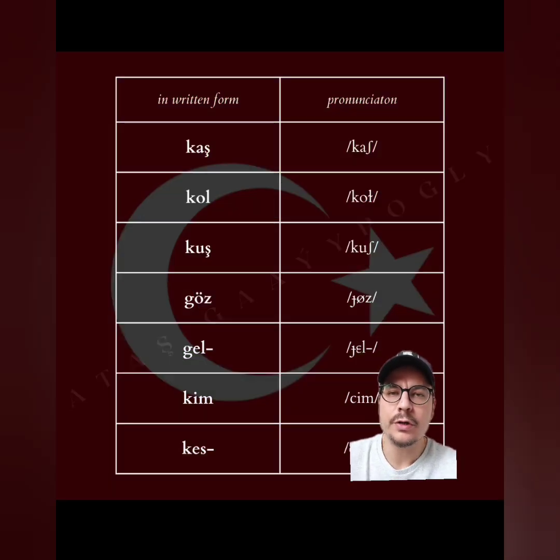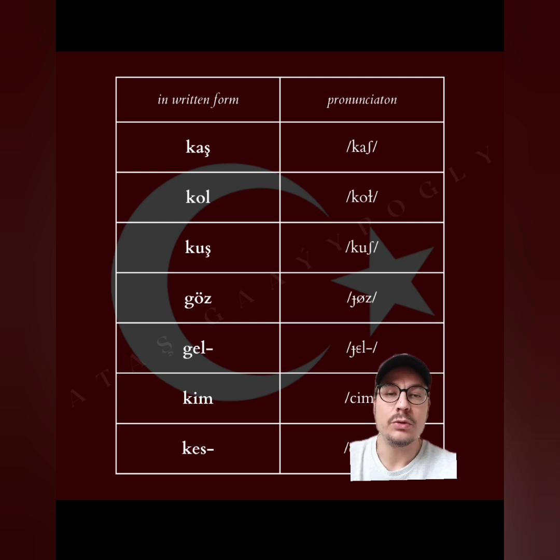Let's move on to Turkish. I chose the same words. Kaş, an eyebrow. In Turkish there is no k sound like in Turkmen or Kazakh or Kyrgyz or Uzbek, like in Arabic qaf. In Turkish it's K. Kaş, kol, kuş. Göz, it's an eye.